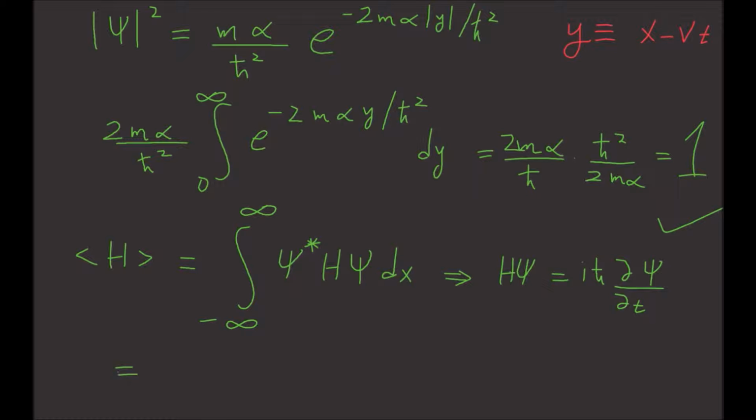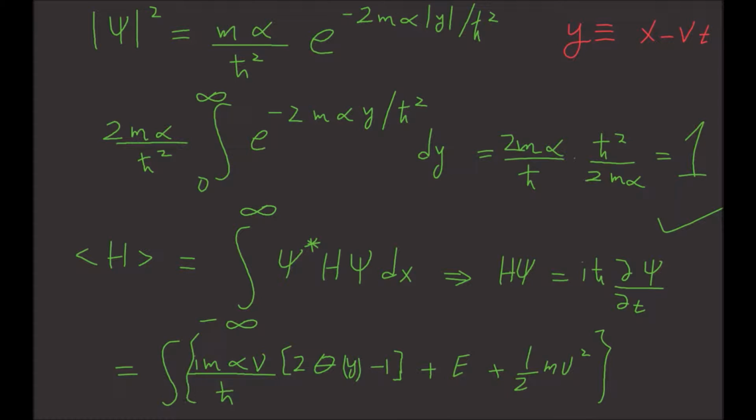So this is going to equal the integral of i m times alpha times v divided by h bar times 2 times the step function theta of y minus 1, plus E, plus 1/2 mv squared, times the probability density psi star psi dy. Let's take a look at this.